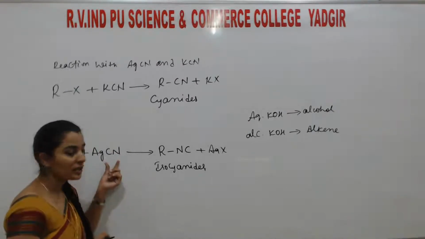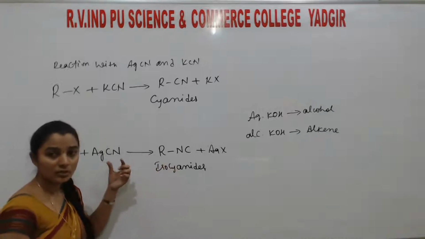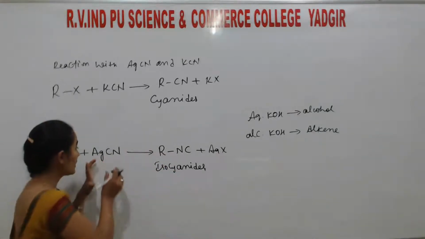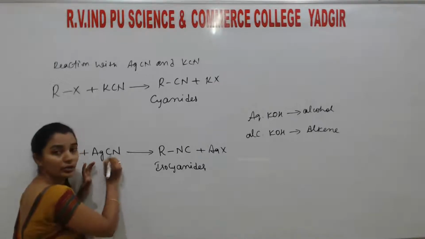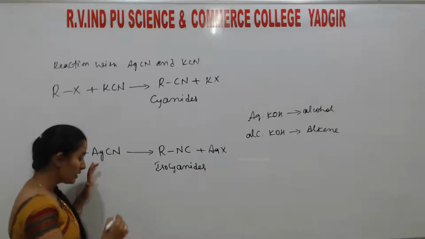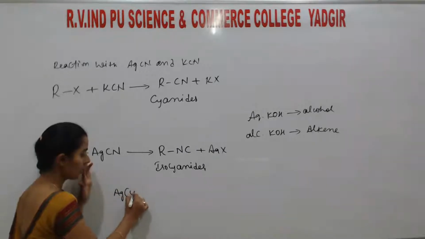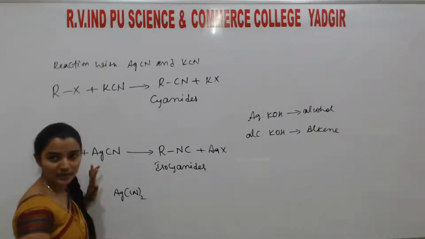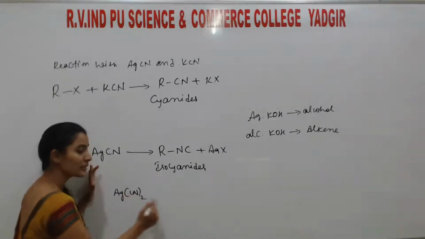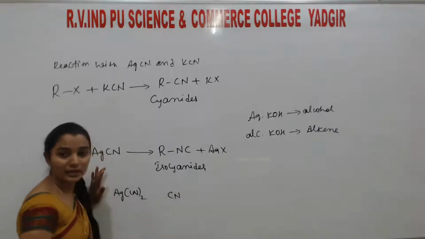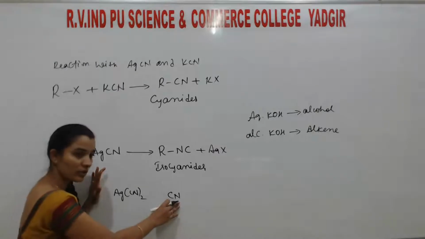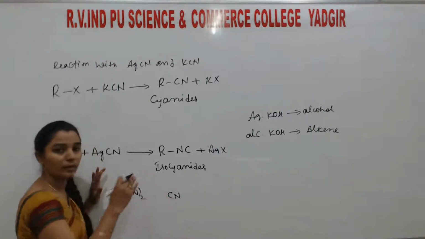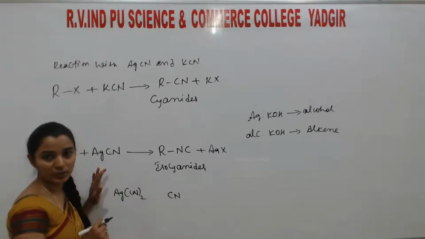Why in AgCN are isocyanides formed instead of cyanides? Because this will form a stable compound with a nitrogen compound. This Ag always forms complexes. In this complex, CN is a bidentate ligand. Through nitrogen the bond may take place, or through carbon the bond may take place. There are two possibilities.